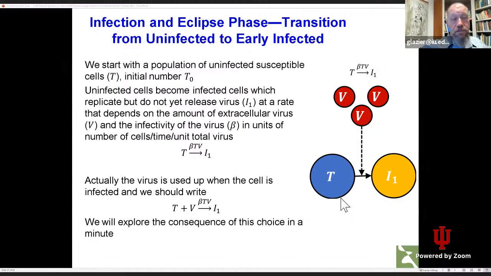These are cells that have a receptor for the virus, in this case ACE2. And that means that when there is virus present in the environment, they're going to bind the virus and become infected.